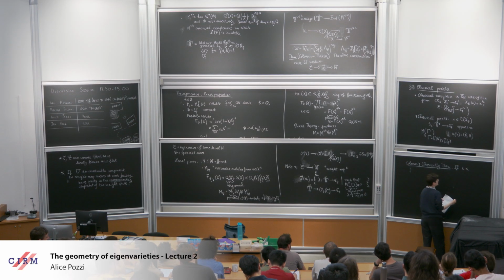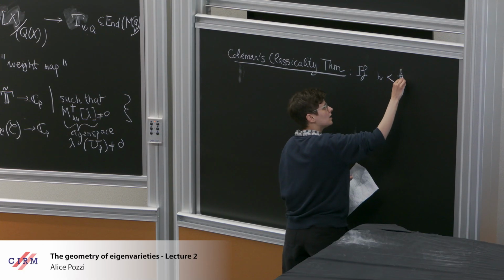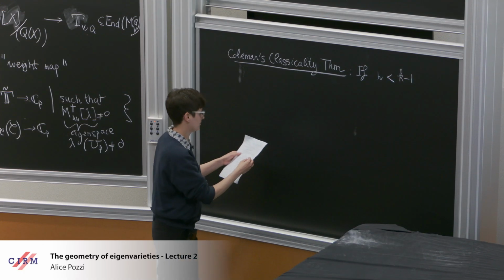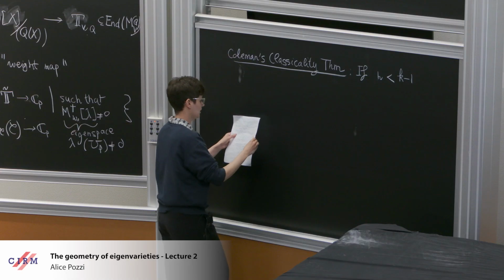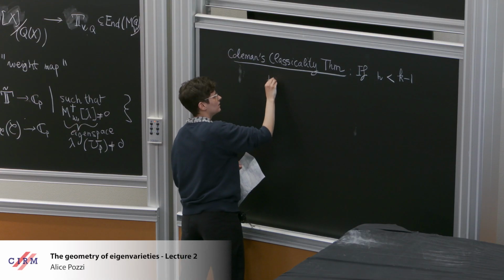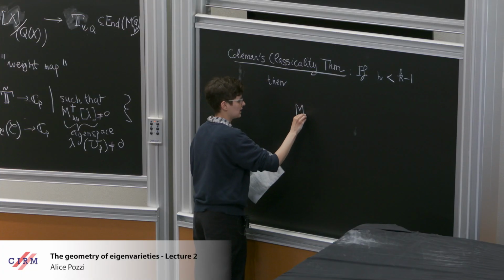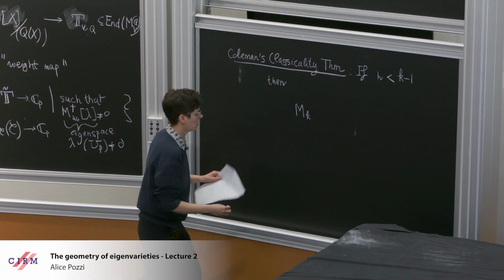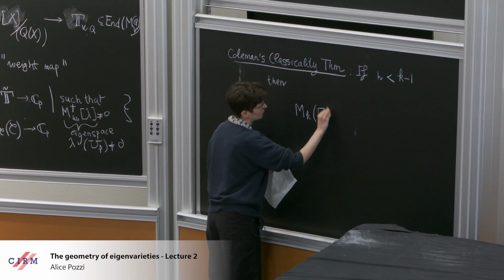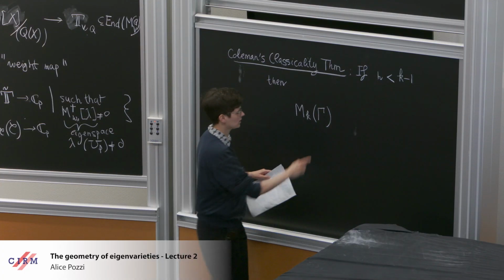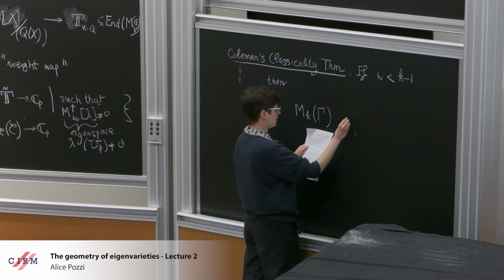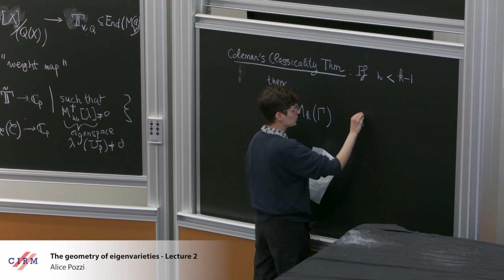If the slope is less than k minus 1, yes, then, well, in general, we said that we have an inclusion of the classical forms of this level inside the overconvergent ones.